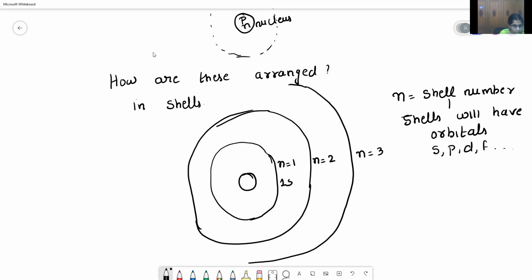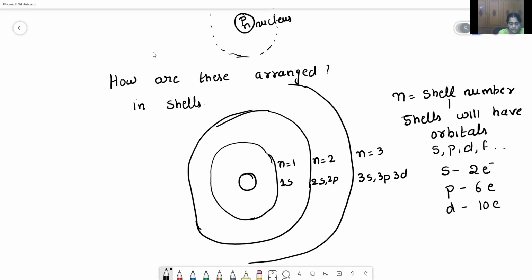The second shell will have 2s and 2p orbitals, and the third shell will have 3s, 3p and 3d. The fourth shell will again have 4s, 4p, 4d and 4f, but right now we are not going to talk about it. An s orbital can accommodate 2 electrons, a p orbital 6 electrons, a d orbital 10 electrons, and an f orbital 14 electrons.